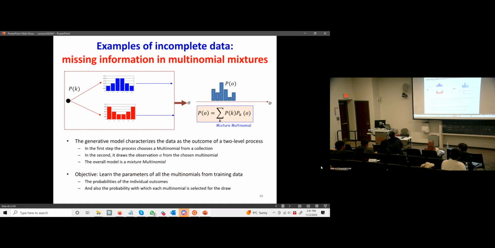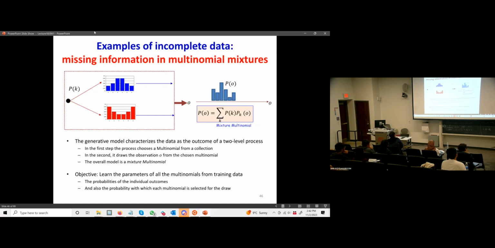So the probability of generating any particular outcome is, if he's got the red dice, the probability that he's going to call the number 6 is the probability that he chooses the red dice, times the probability that the red dice rolls a 6, plus the probability that he chooses the blue dice, times the probability that the blue dice rolls a 6. That's what it's going to be, correct?